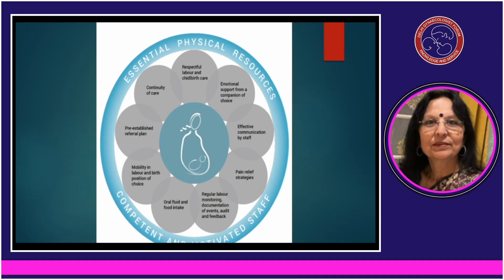Oral fluids and food intake are being encouraged in case the patient is moving on the normal side. And this is because in such a situation, the patient is going to be mobile. Then mobility in labor and birth position of choice. There needs to be a pre-established referral plan in case you need to transfer the patient from one center to the other, and also continuity of care when 2 doctors are changing hands or changing their duties.